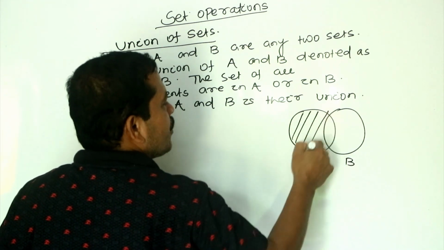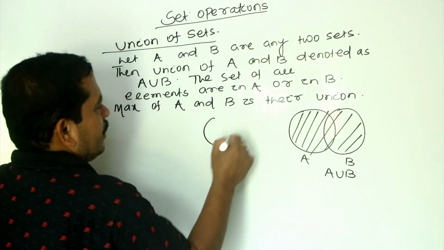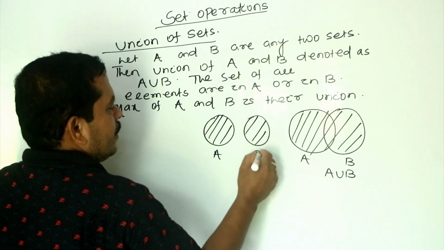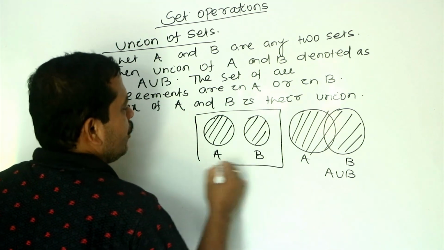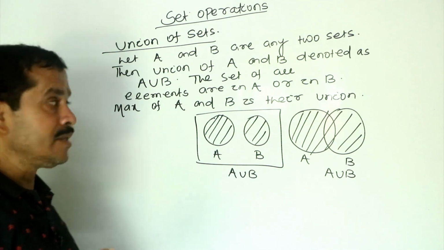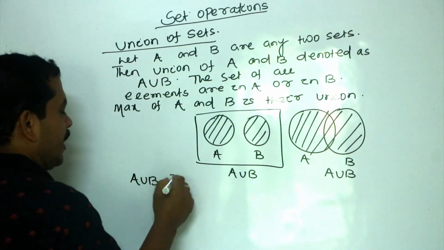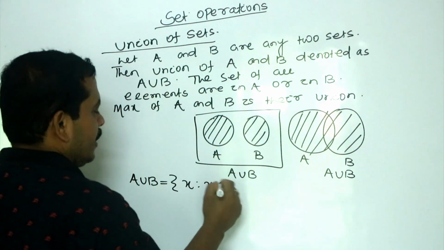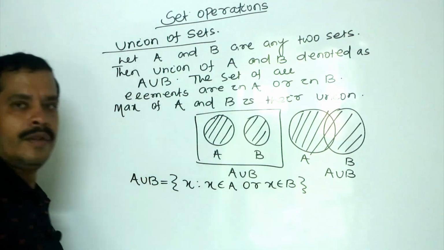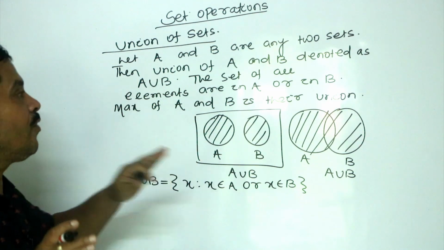That is the maximum of two sets, known as A union B. We can describe it in set builder form as the set of x such that x belongs to A or x belongs to B. This is the representation of union in set builder form.